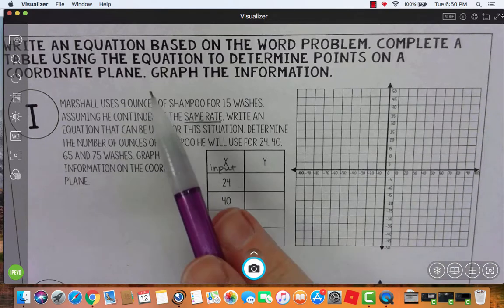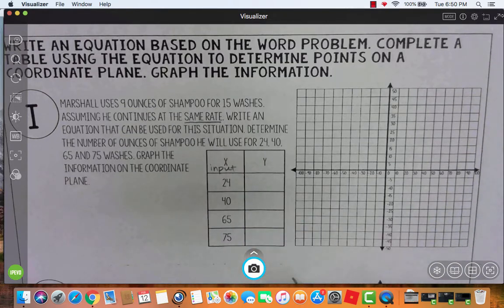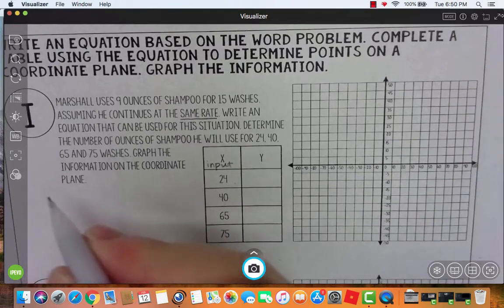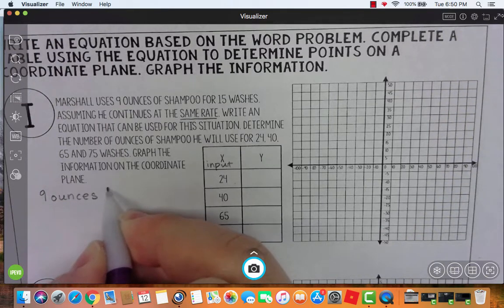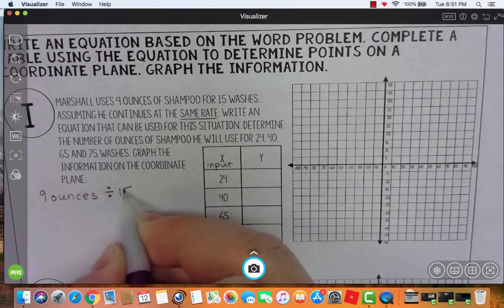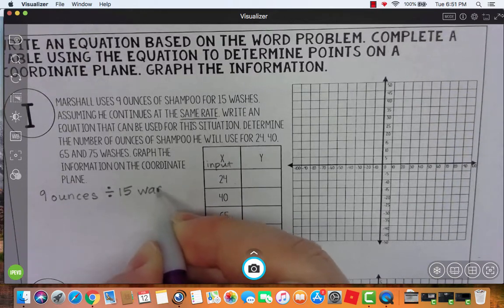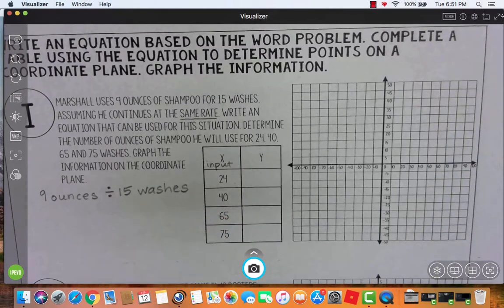So he uses 9 ounces of shampoo for 15 washes. And if you're kind of stuck, we have to think about how many is it for one wash, because this is 9 ounces for 15 washes. So I'm going to say 9 ounces divided by 15, because I need to know how much for one wash.